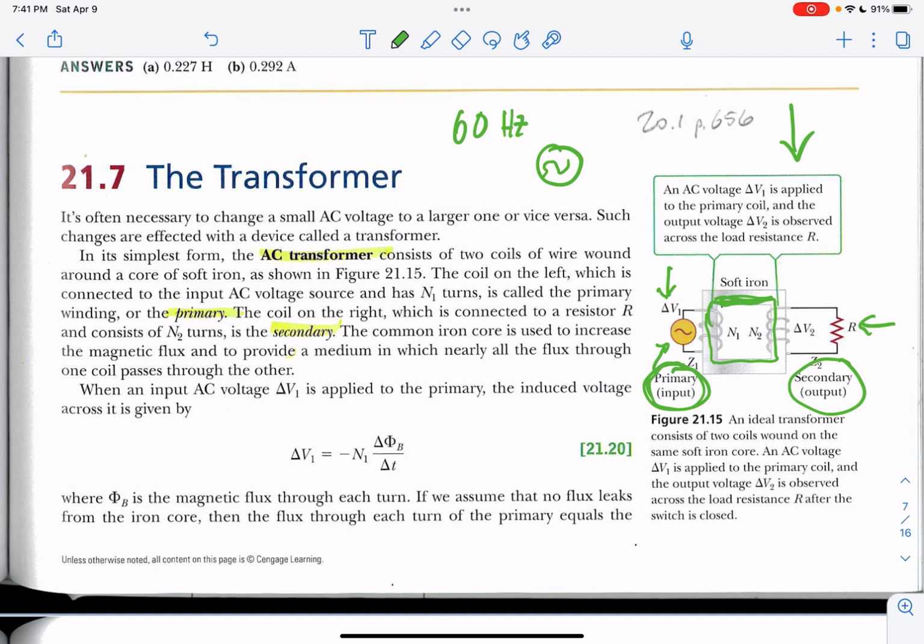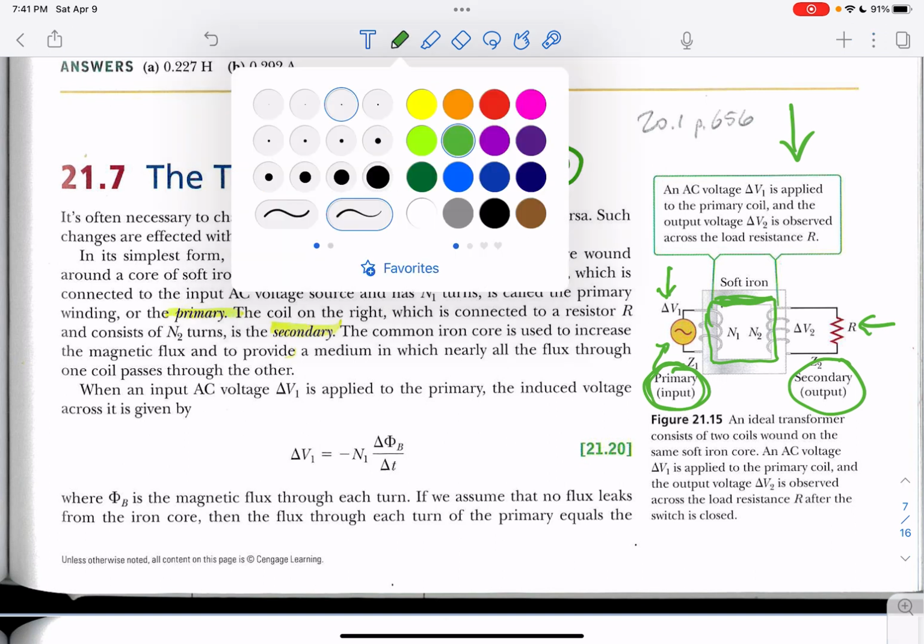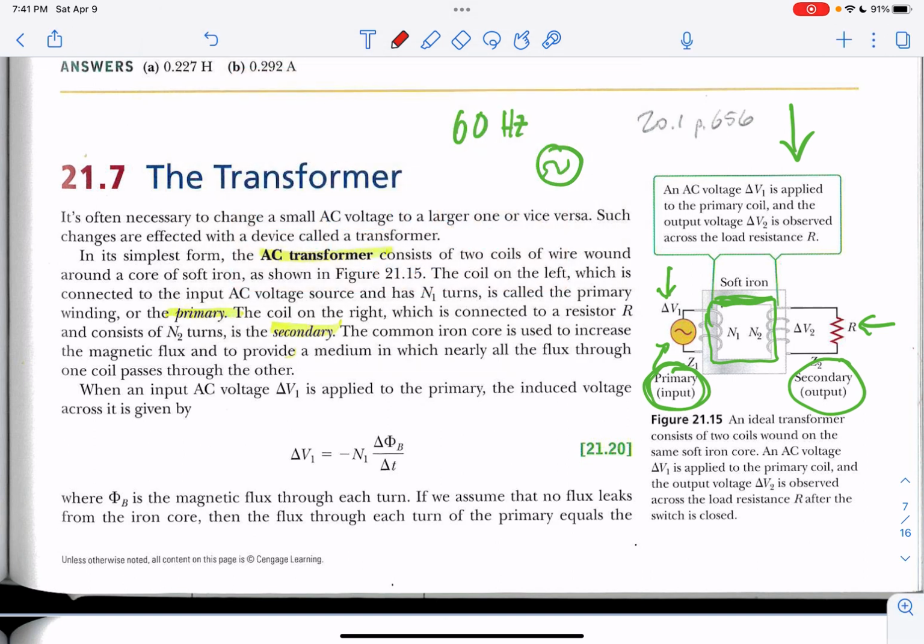So I'm going to switch colors here. So as this electricity goes over the top and back around again and back around again and back, it's inducing an electrical current in the soft iron square, or it could be a rod.